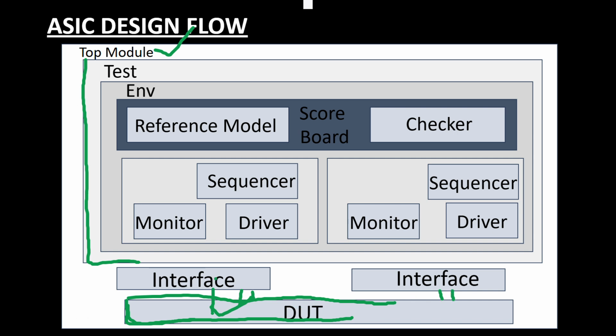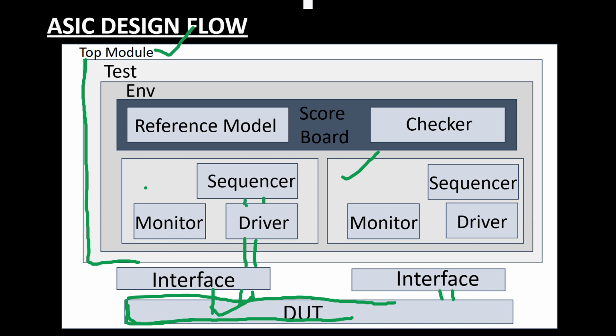After giving the interface, we are going to drive, in the sense we are going to apply inputs to the design. The sequencer is used to generate the test cases; this is an active sequencer, this is a passive sequencer. The active and passive sequencers are used to generate the test cases for the particular design to be tested.